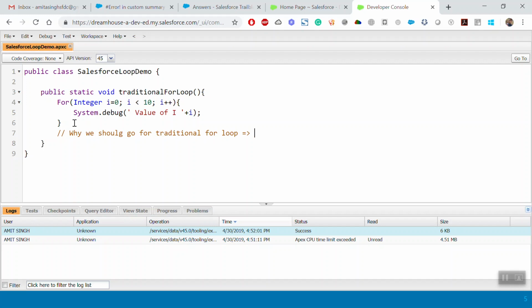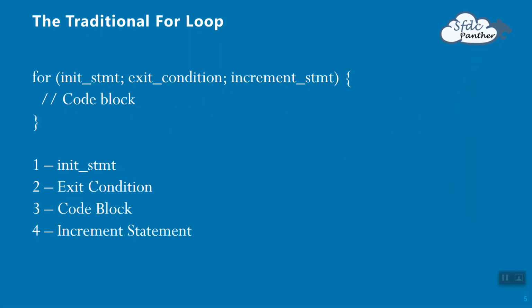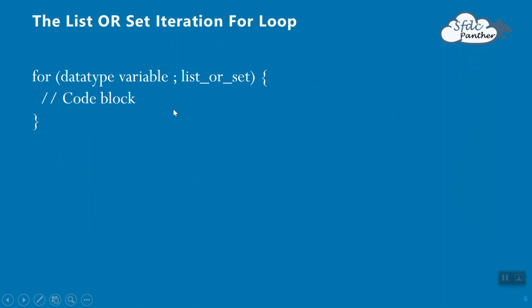You can add hard-coded values here, or you can also use custom labels to store those values and get them here. That is the other part of it that we can make dynamic. We don't want to hard code the value. So if you want to create a certain number of records, you can go with this traditional for loop. So let's go with the other one, that is the list or set iteration for loop.